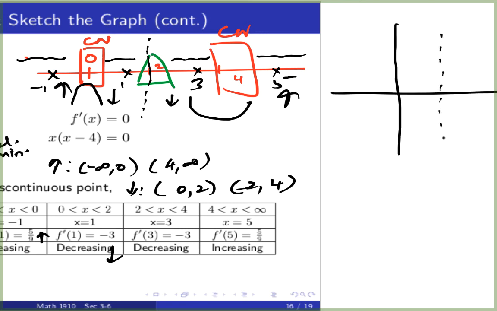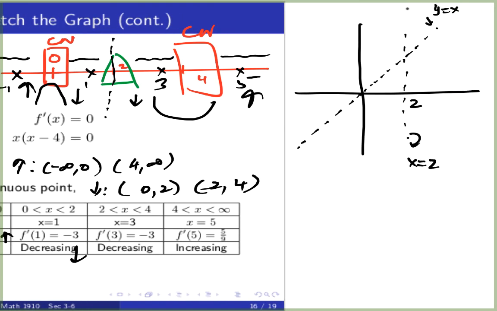Remember the graph: 2 is where the vertical asymptote is. The slant asymptote is y equals x, and this is x equals 2, the vertical asymptote. Now I'm going to repeat it again.